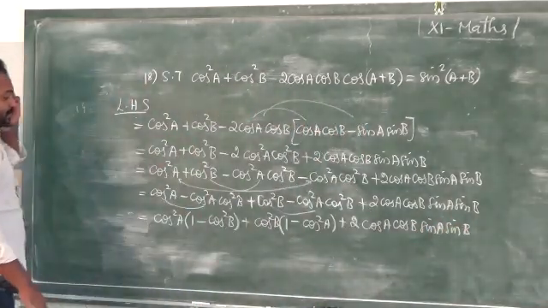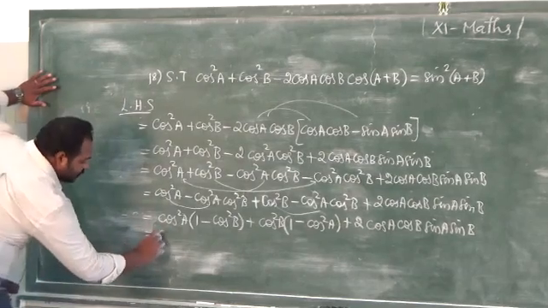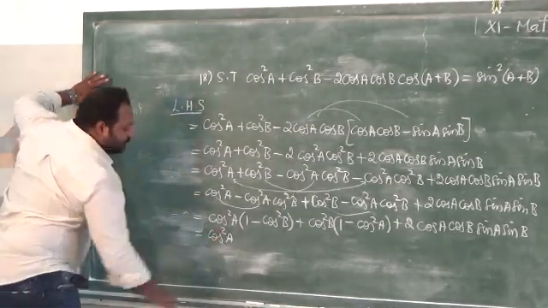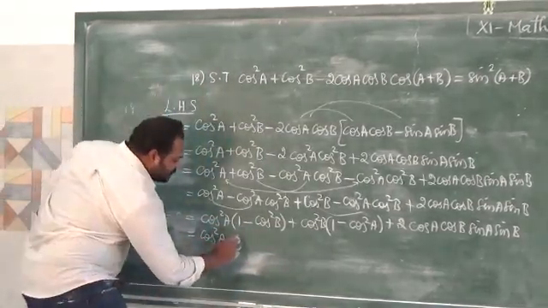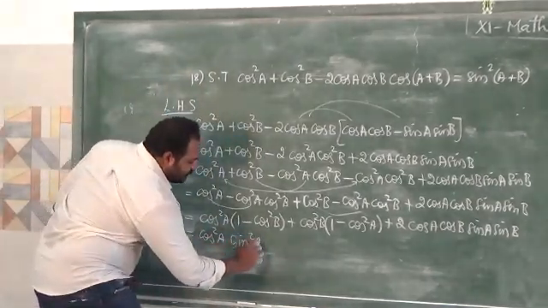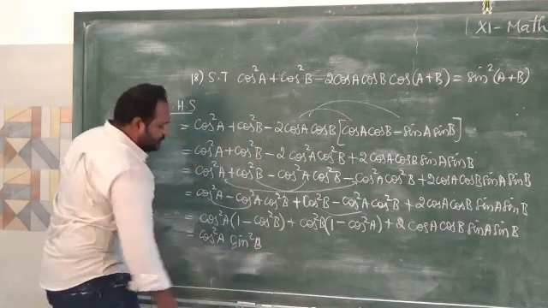Okay, now 1 − cos²B can be written as sin²B. We know this, isn't it?